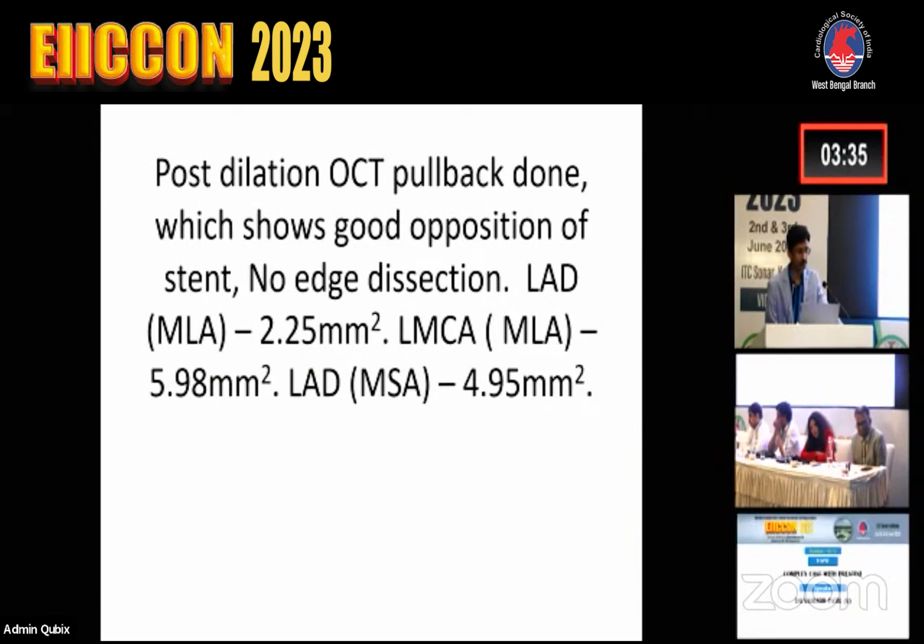The post OCT pullback showed that the left main MLA is about 6 millimeter square, and MSA for the proximal LAD is 4.95. In the last shoot, I will show you how the inferior aspect of the proximal LAD was looking. I was skeptical whether it got dissected or not. So I have taken this OCT picture.